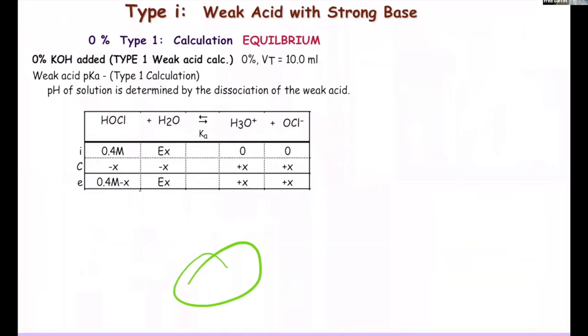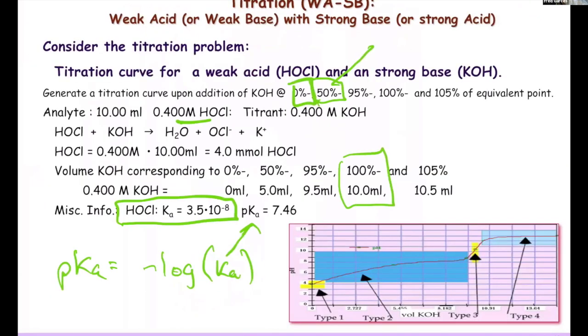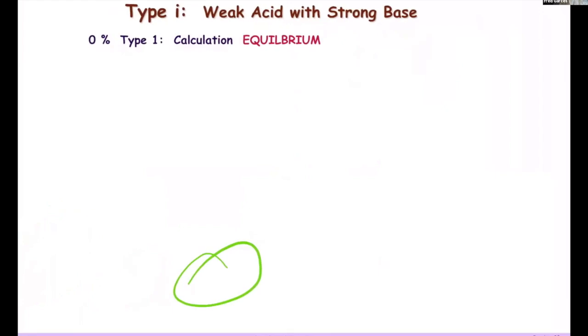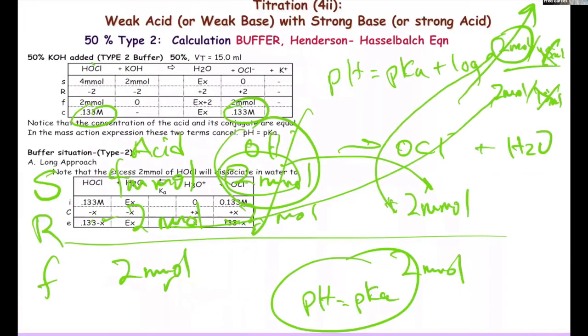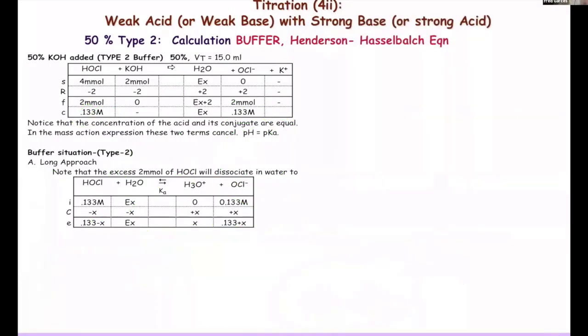Let me write that down somewhere. So 7.46, that's the pH at halfway to the equivalence point. Don't even bother lifting your calculator on that because the pH is going to be equal to the pKa.